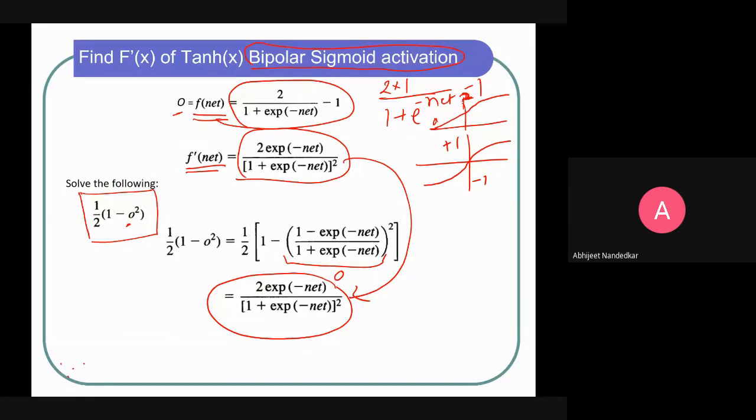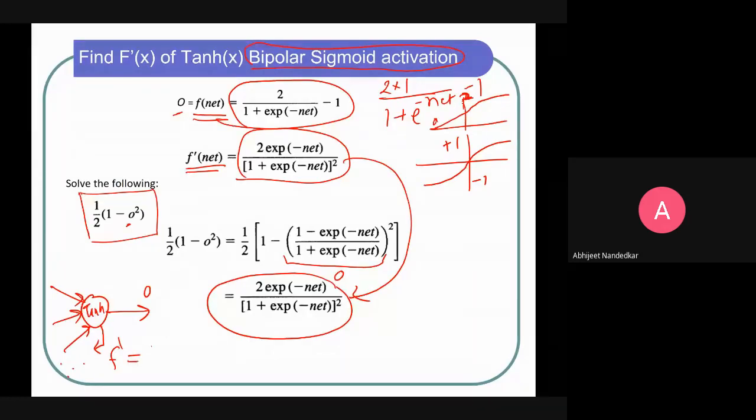Meaning is, given a neuron, if you substitute activation function as tanh, you compute O and you require f dash to compute change in weight. It's very easy.